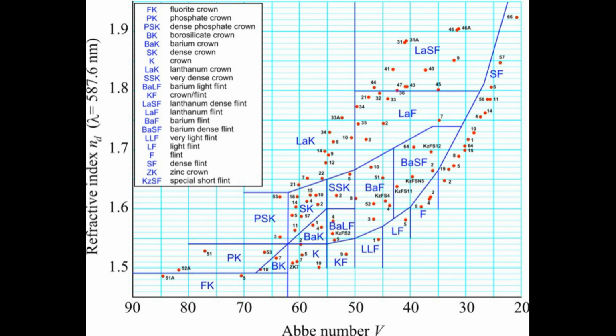Ideally, you might think you want to maximize the Abbe number, which would give you a very low dispersion optic and a higher image resolution.